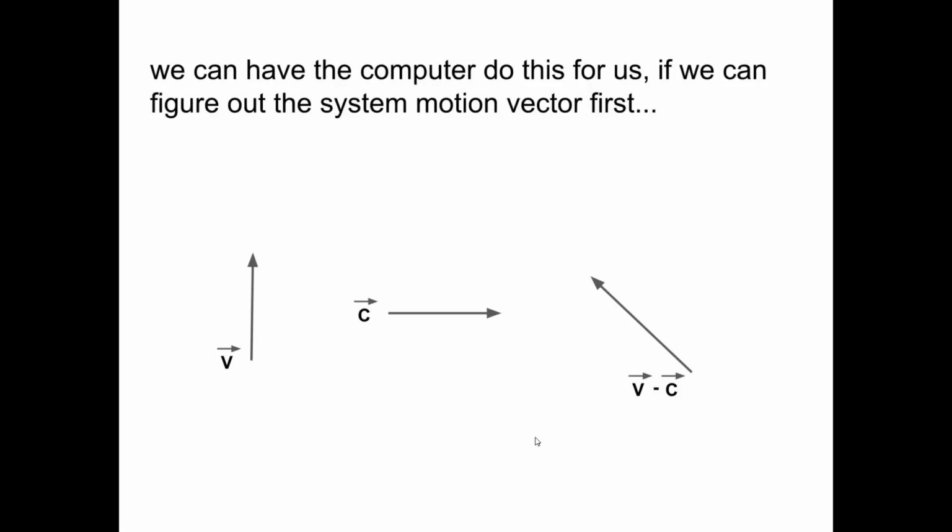The nice thing is that we can get the computer to do this for us. We can take the wind vectors, the whole wind velocity field, and subtract off a system motion vector, really everywhere, and come up with this system relative flow.